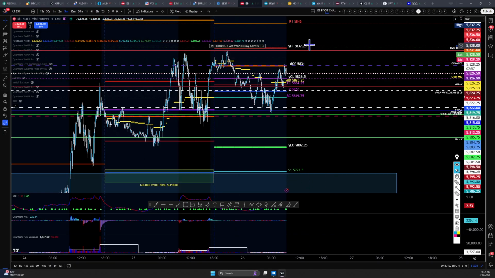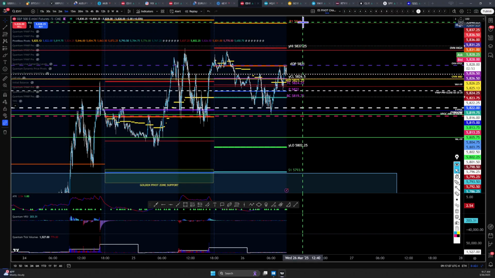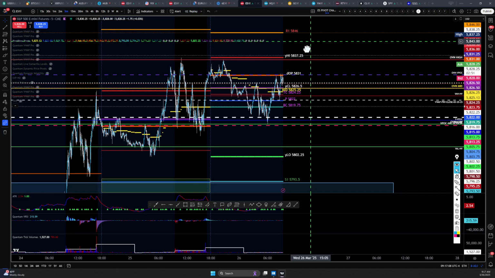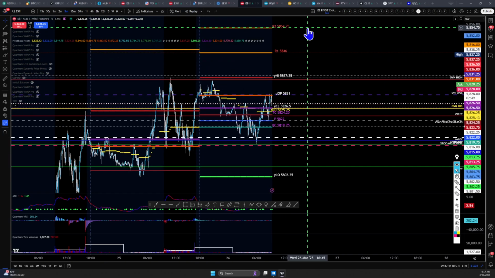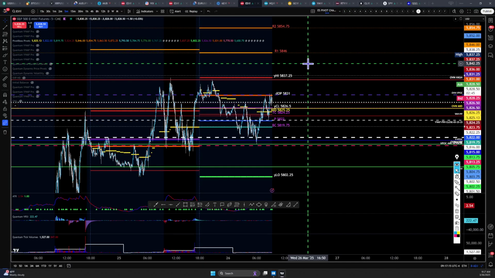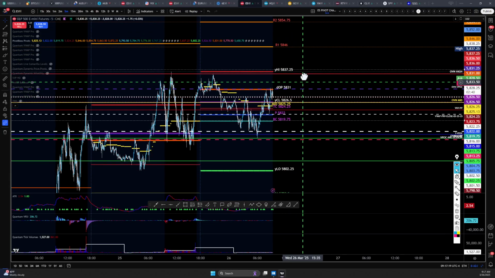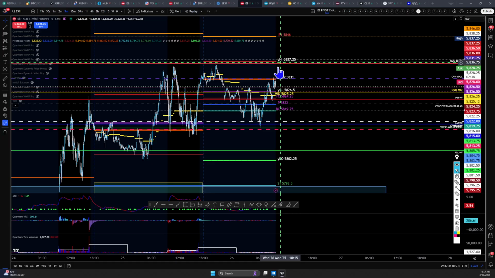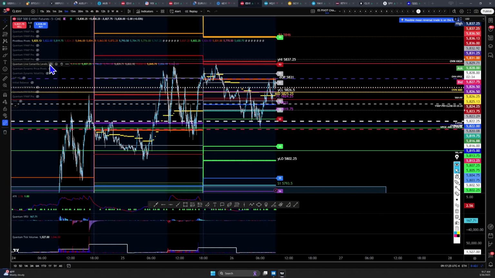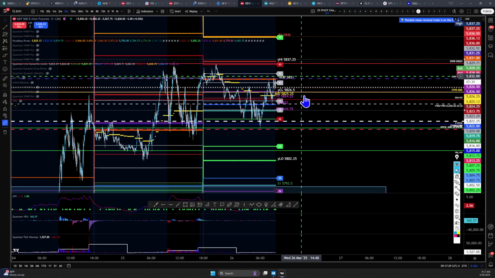So looking at those levels there, let's see what they do at these levels. This is a bullish target, 58.46, and R2 is at 58.54.75. So R1 58.46 is kind of like the first bullish target right there. If we get past this confluence of resistance right here, R3, yesterday's high, overnight high, right?